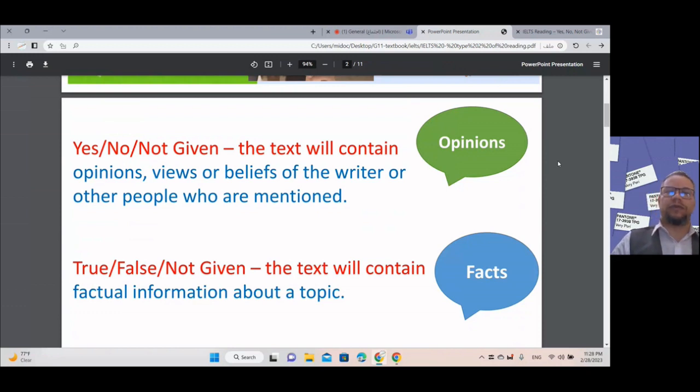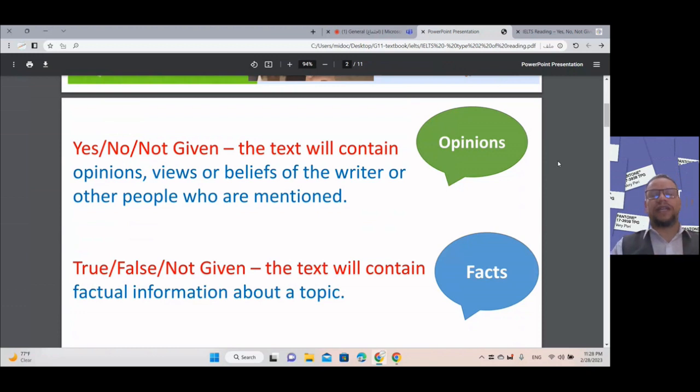But if you have true or false or not given as a question under the reading passage in IELTS academic reading, it means the answers you will choose are about just factual information, or facts. In true, false, or not given, you will find names of people, scientists, percentages, figures, numbers, dates, days, number of days, months, and so on.